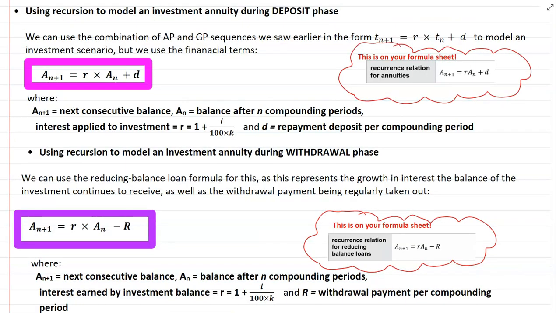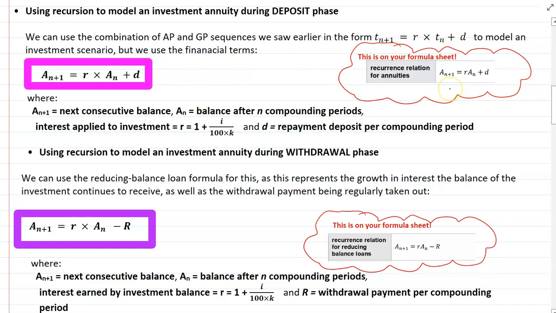All right, so how do we develop recursion models to represent this deposit phase and withdrawal phase? Similar to what we saw in our reducing balance loan recursions, we utilize a combination of arithmetic and geometric sequences that we saw earlier. And in the deposit phase, you'll find on your formula sheet this recurrence relation for annuities.